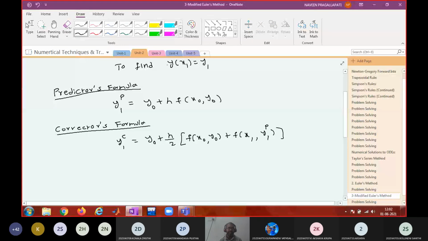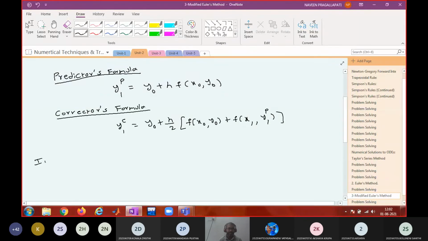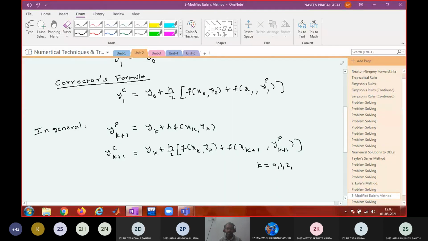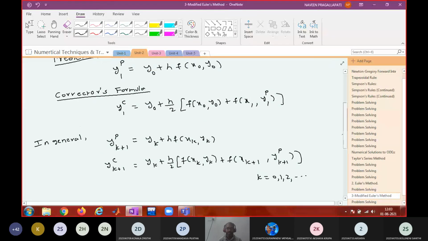From this you can write the general formula also for y(k+1) predictor and y(k+1) corrector.